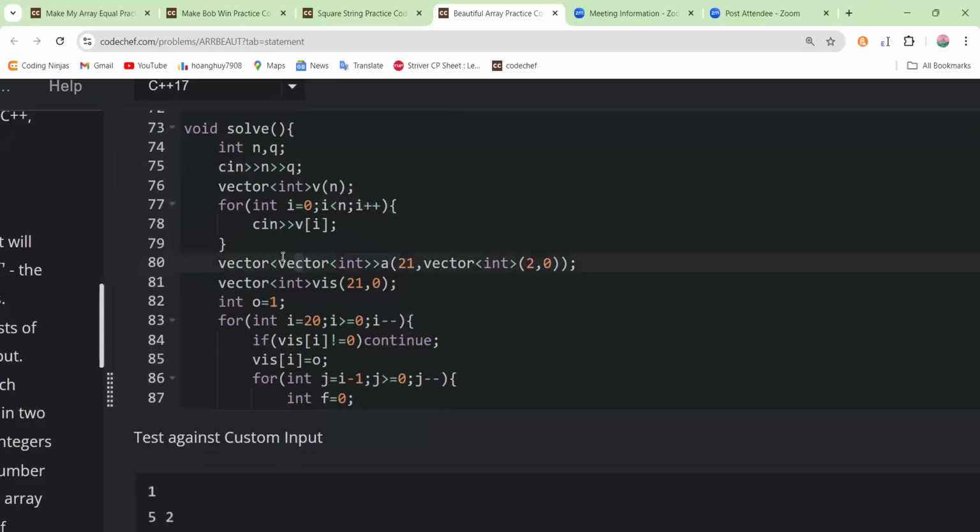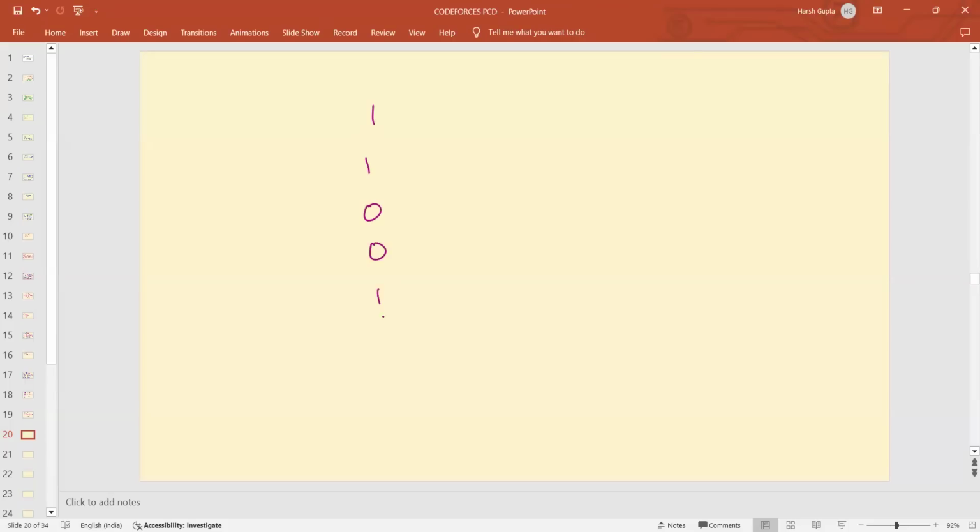Then, to check for a particular bit position the minimum number of operations I need for 0, I did something like this. Okay, if I have 1 1 0 0 1 1 0 0, I constructed a vector of size 21, and for the ith bit, in my 0th index I will store the minimum number of operations I need to turn all zeros to 1.